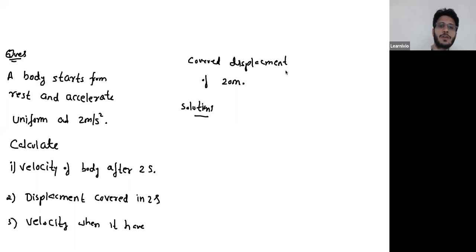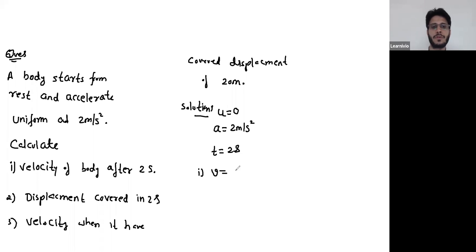Okay, now let's check your calculation. Here, initial velocity is 0. If it starts from rest, that means initial velocity is 0. Acceleration is 2 meter per second square. You need all quantities after 2 seconds. So the first part, velocity of body after 2 seconds. Use this equation: v is u plus at. u is 0, acceleration is 2, time is 2.